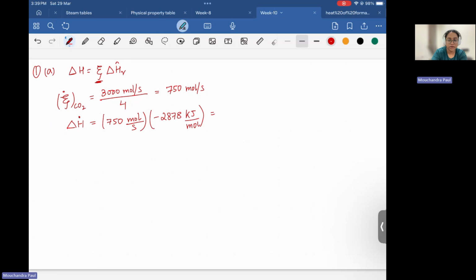So if you calculate it, you should get minus 2.2 times 10 to the power 6 kilojoule per second.